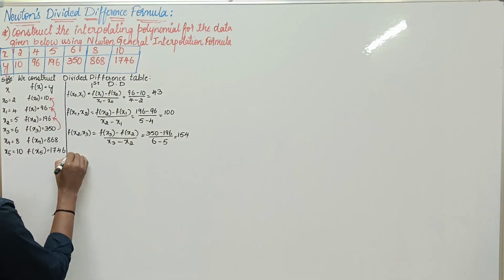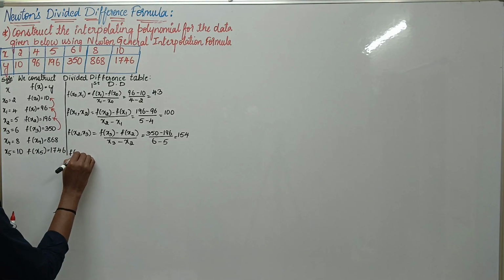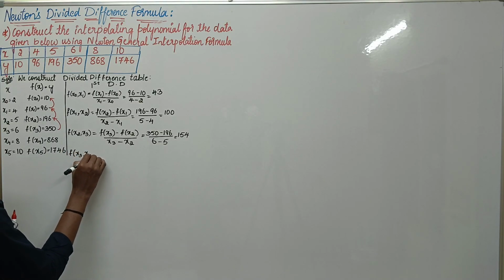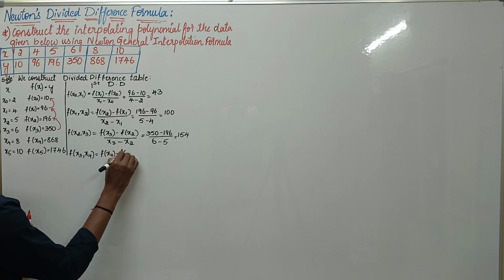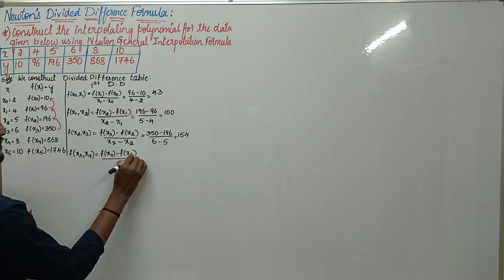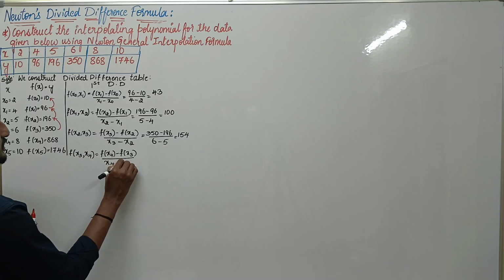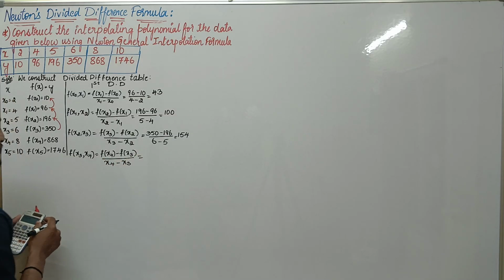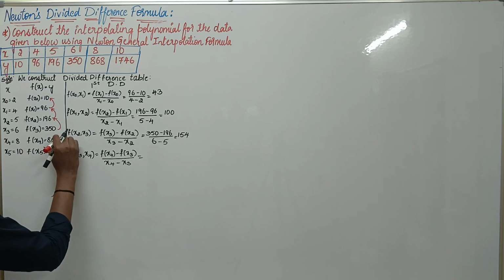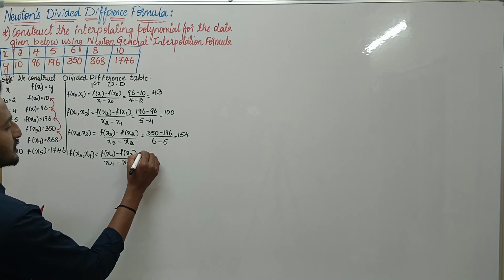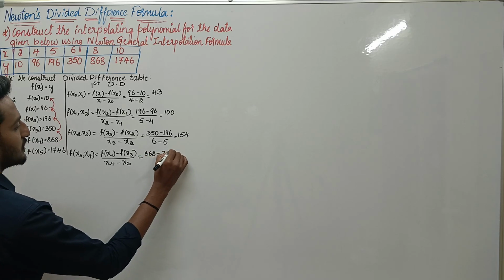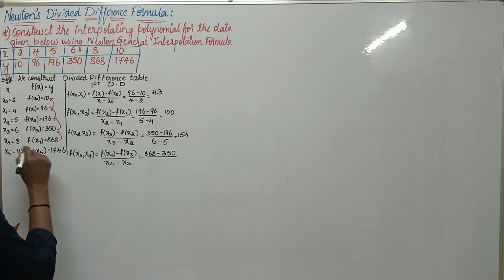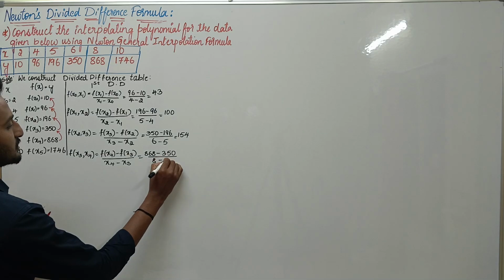We get 154. Next we have f of x3 comma x4, which is equal to f of x4 minus f of x3 whole divided by x4 minus x3. What is f of x4? We have 868, that is 868 minus 350 divided by x4, we have 8 minus 6.